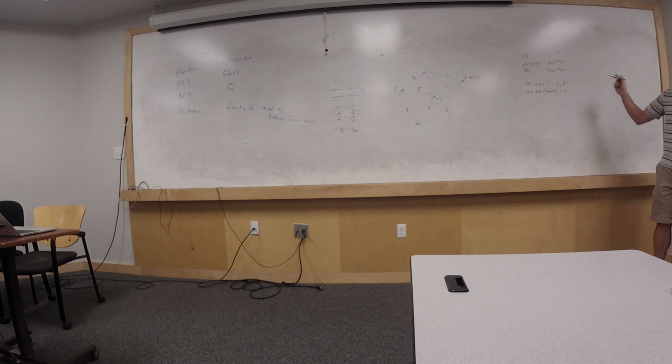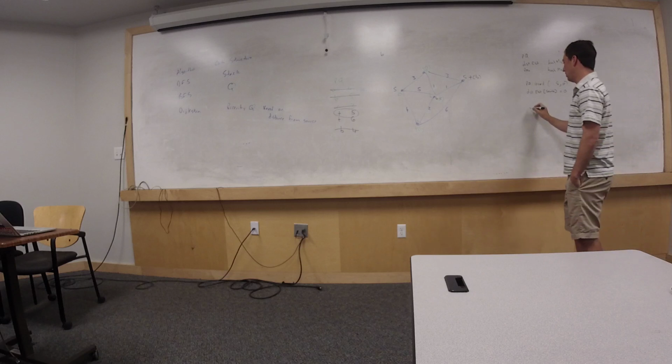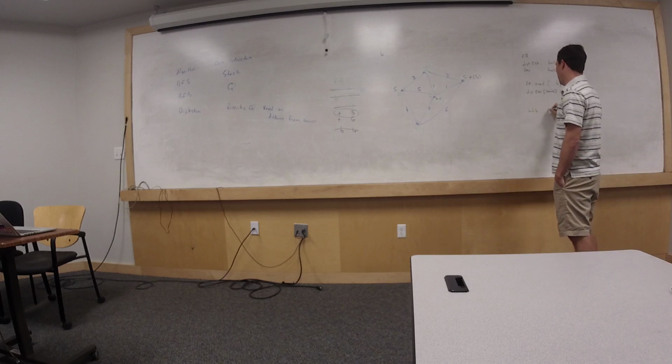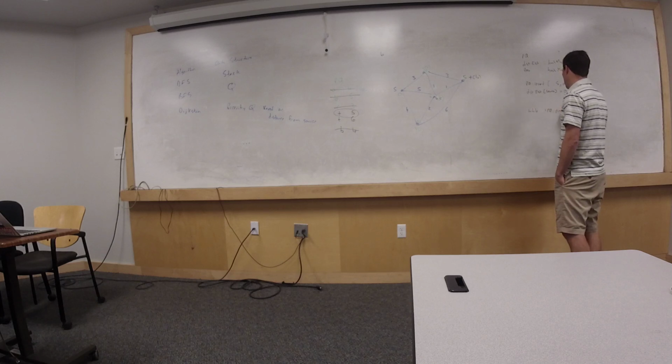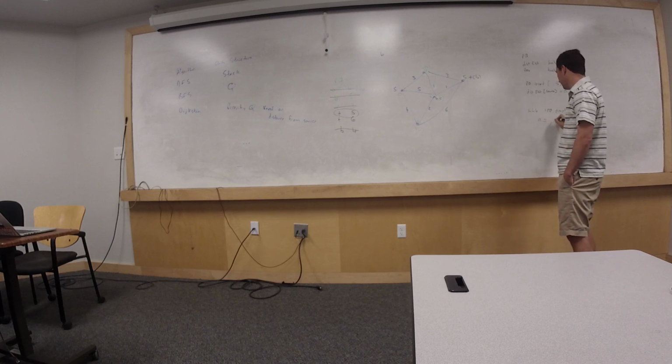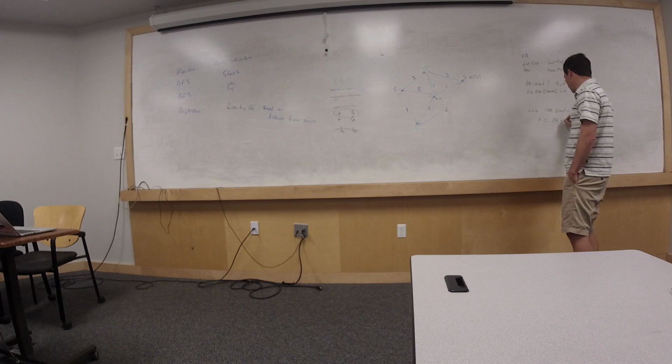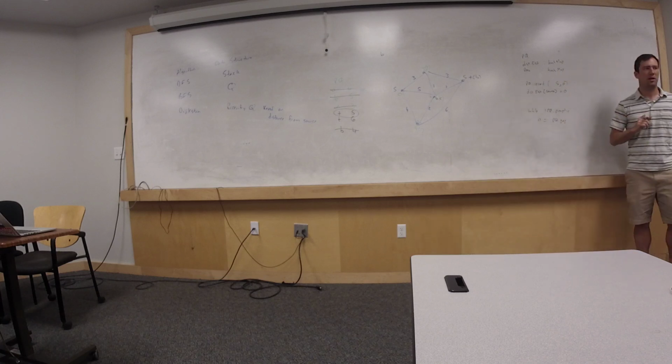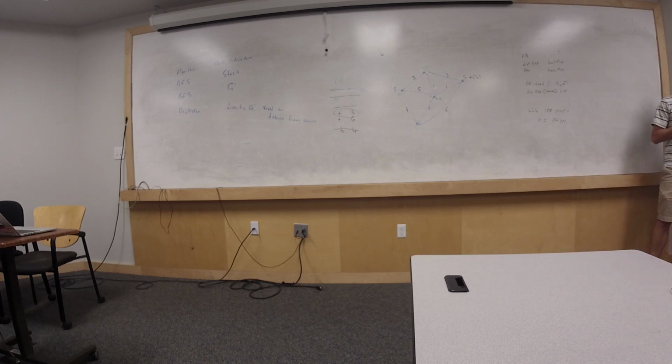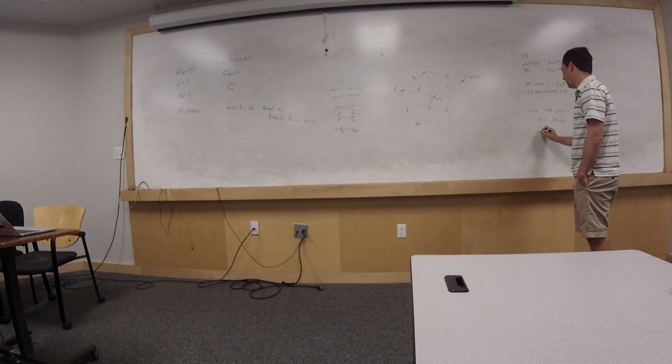Okay. So we start here, and then we just go while the PQ is not empty. We'll start by popping our node out. And then we look at each neighbor.